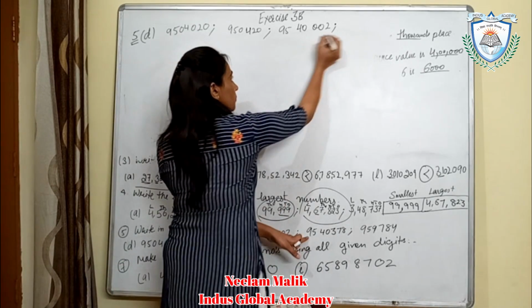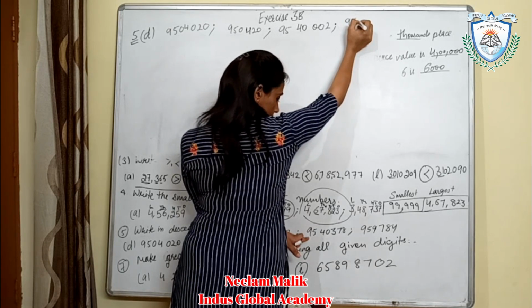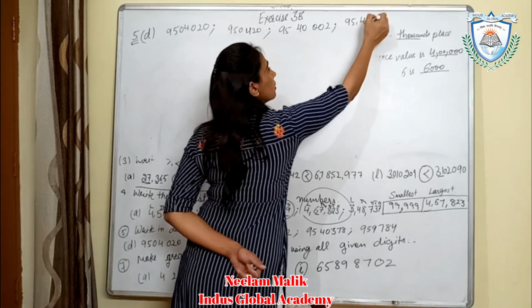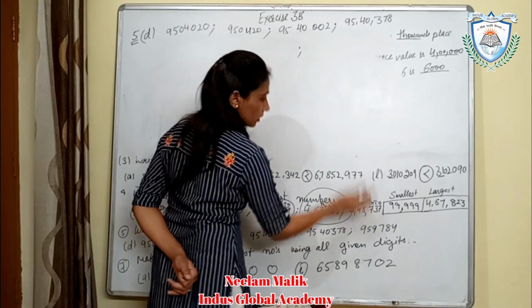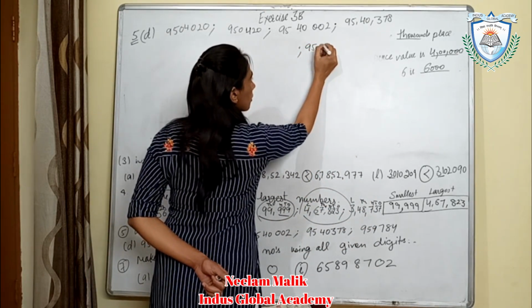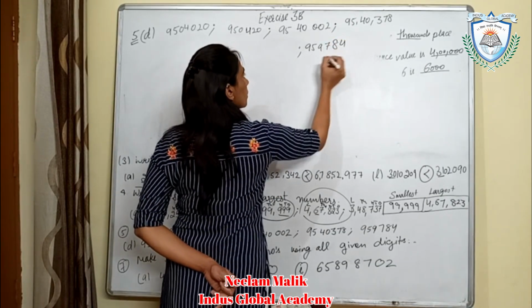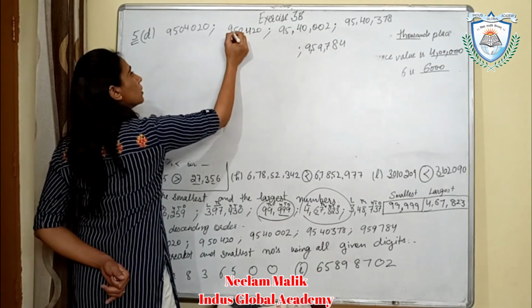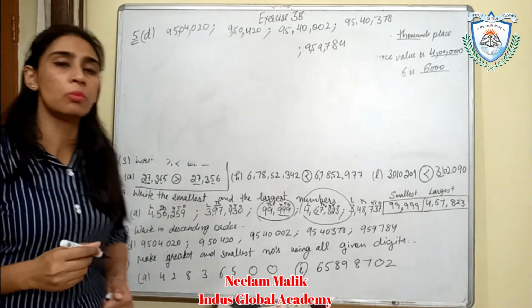Next is 378, and the last is 9784. Okay, first I'm putting the commas in this. You will also put the commas first.